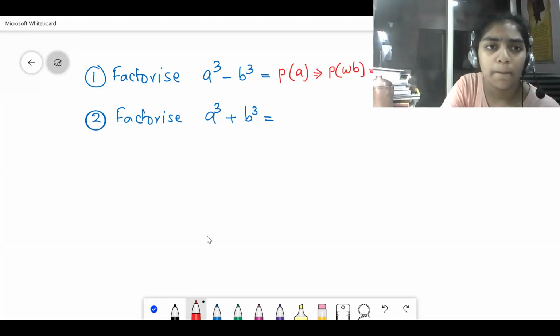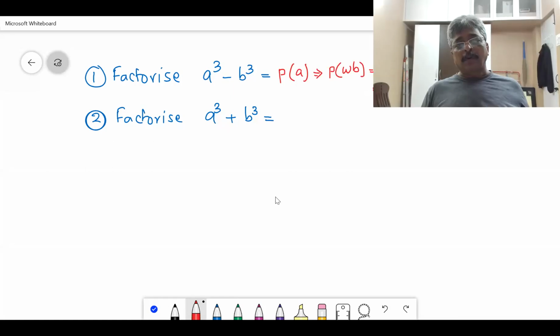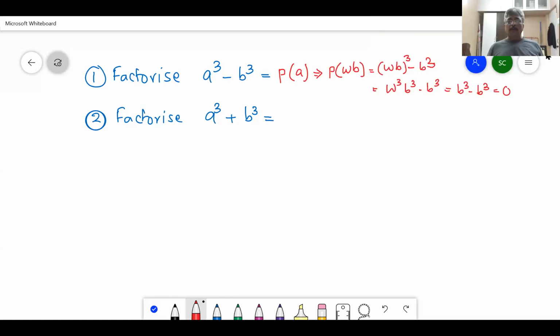That makes it P of omega B equal to 0, which means A minus omega B is a factor of P of A.